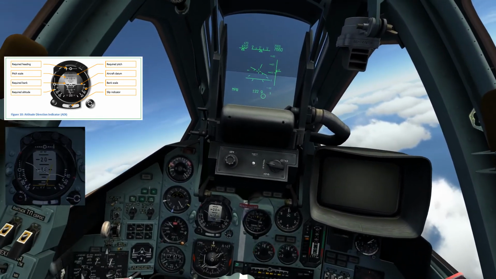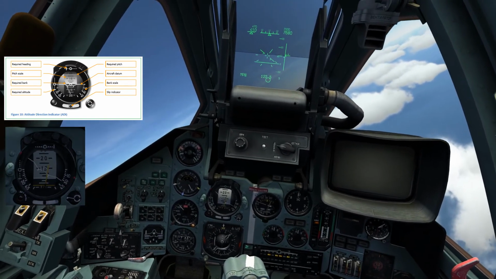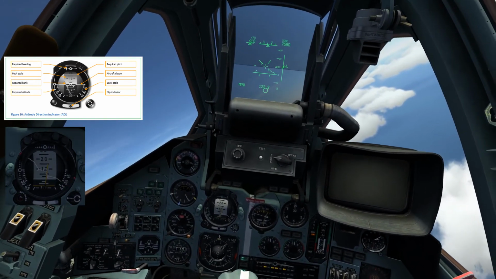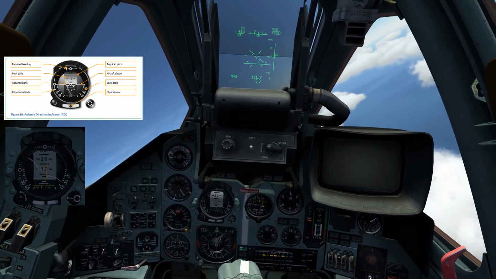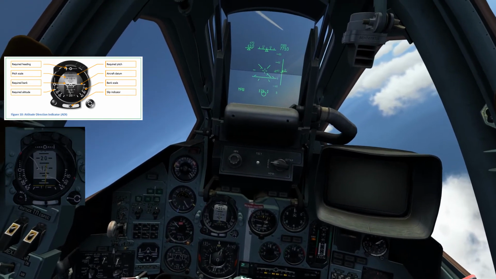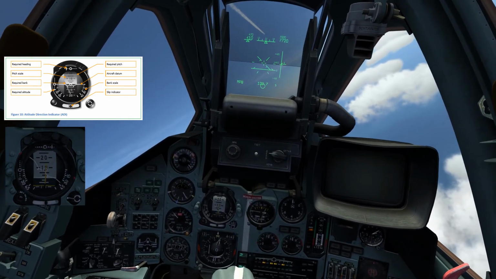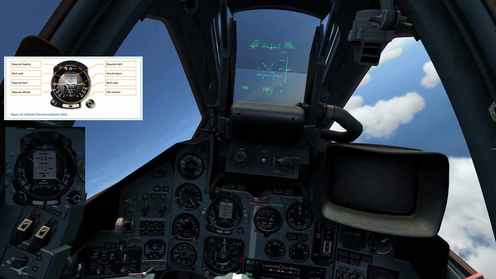Now watch what happens. As you see, the aircraft is telling me I am banking as the required bank needle is now centered. It's telling me I'm banking as I should be to get back on my course line. And then you see the required heading needle come into view.